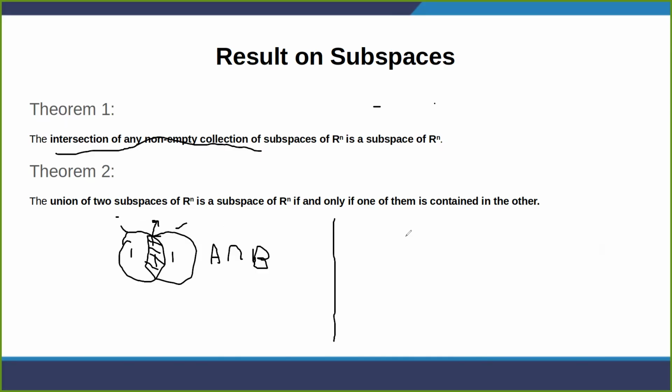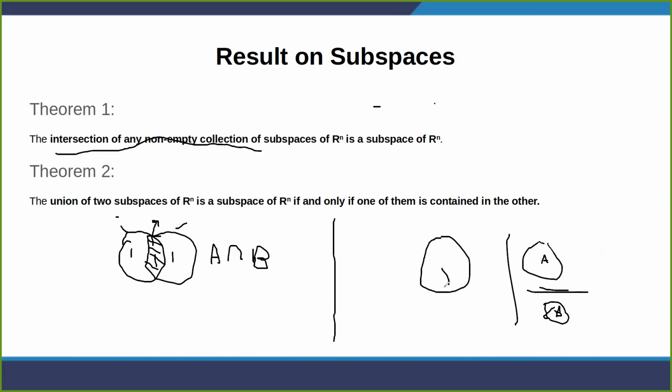And what is the union? For union, we say the union of two subspaces of Rn is a subspace of Rn if and only if one of them is contained in the other. What does it say? Let's say there is set A, there is set B. The union is what? If they are disjoint, can you find a subspace for this? No, because both are very different.